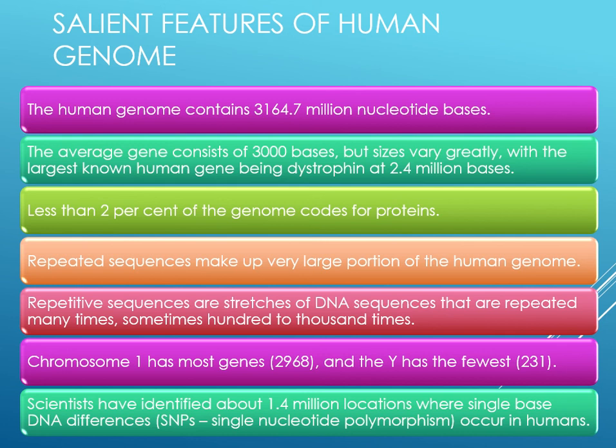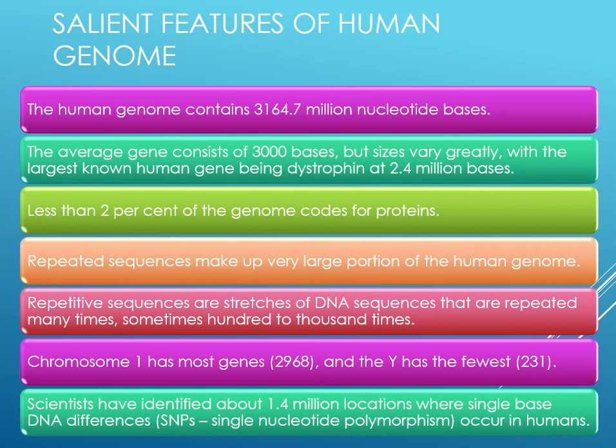The average gene consists of 3,000 bases, but sizes vary greatly, with the largest known human gene being dystrophin at 2.4 million bases. Less than 2% of the genome codes for proteins. Repeated sequences make up a very large portion of the human genome.